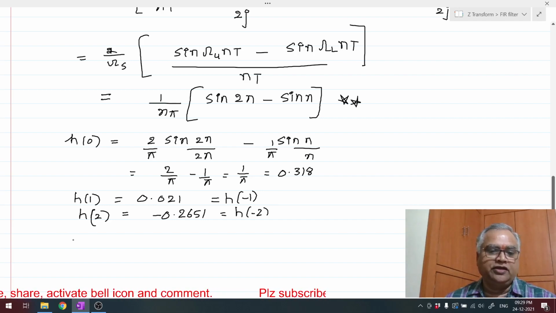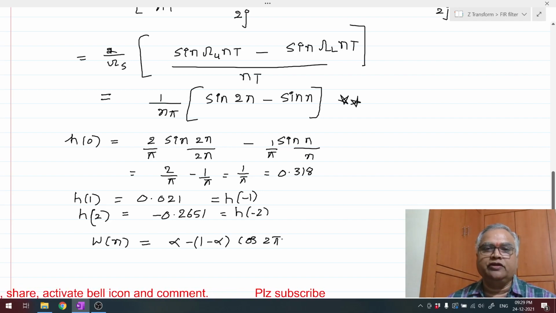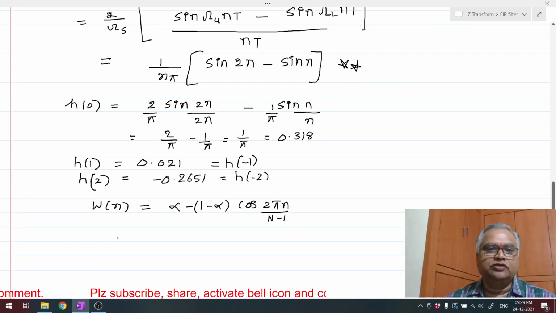Now using the Hanning window, what is the window function for Hanning? Alpha minus (1 minus alpha) cos 2 pi n by n minus 1. So all these window functions you should remember.